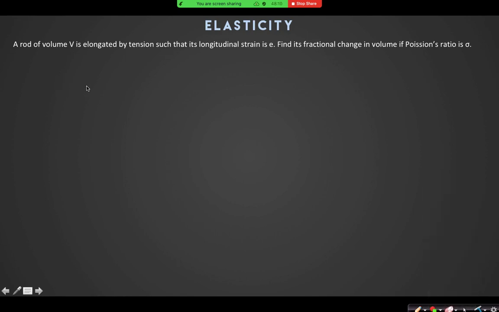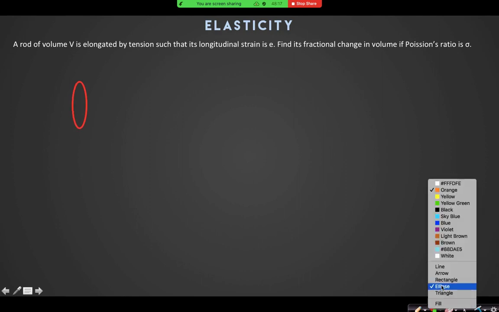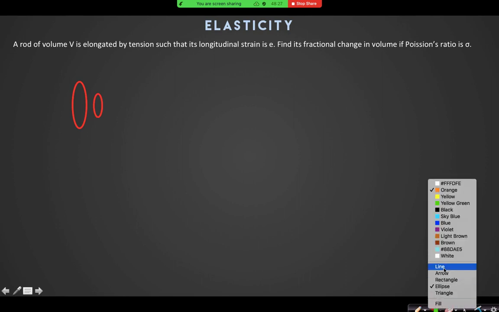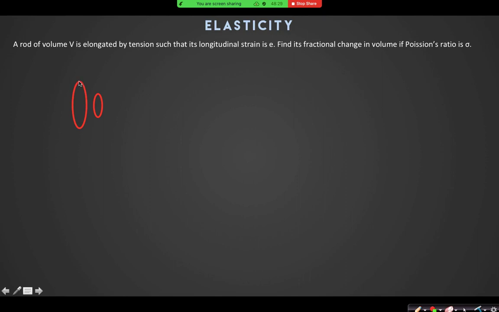Suppose this is a cylinder, and I have elongated that cylinder. So this was the original cylinder, which has a length and radius.